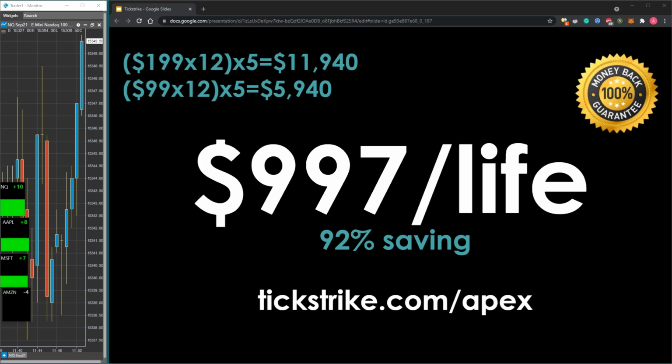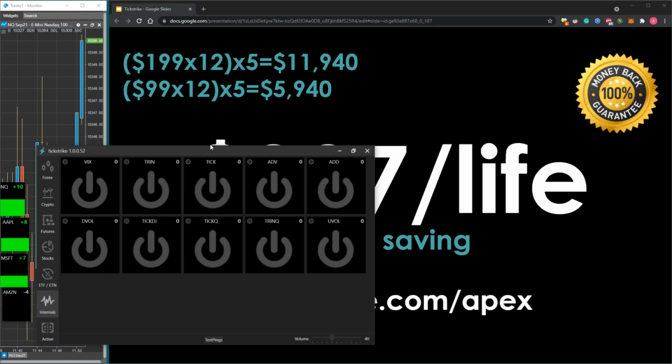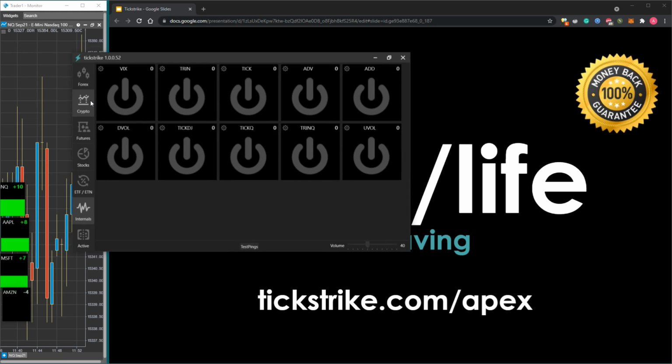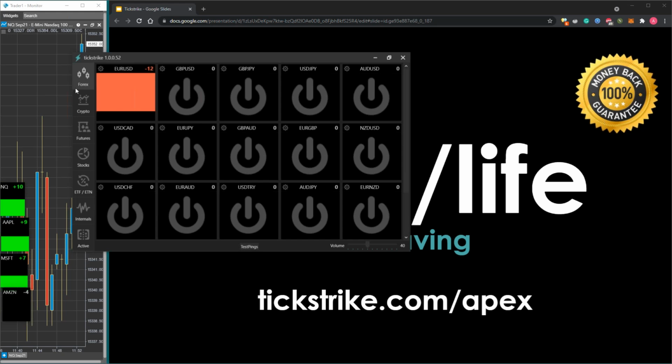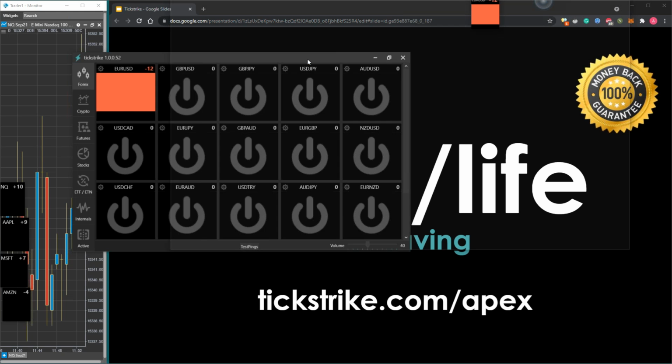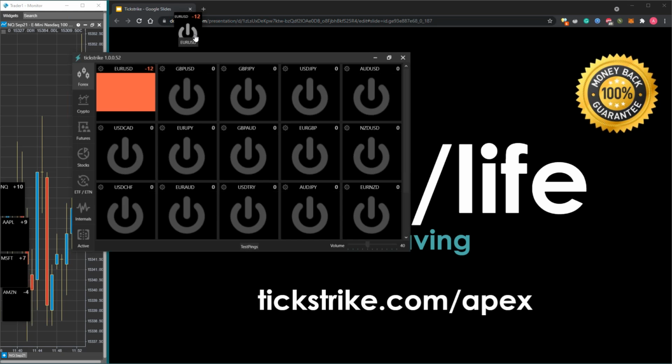LG's asking, is there a list of preferences? Yes, there is, LG. So hopefully you can see my screen right now. All you need to do is, say, for example, I want to add the Euro USD. I just click it. That's activated the meter. So Euro USD is now on. And then there's this little settings wheel just here, and I can choose the settings. By default, the meter is turned on, which is primarily what people use.